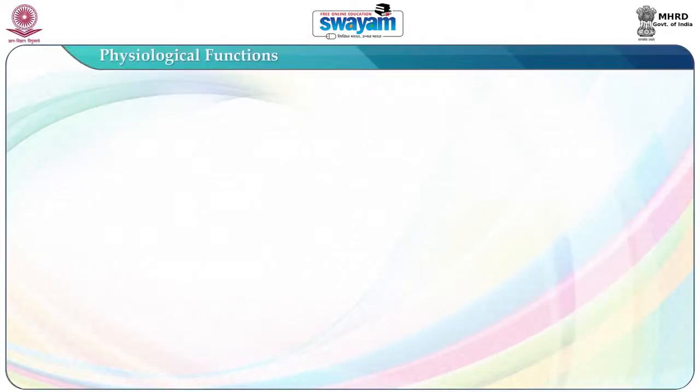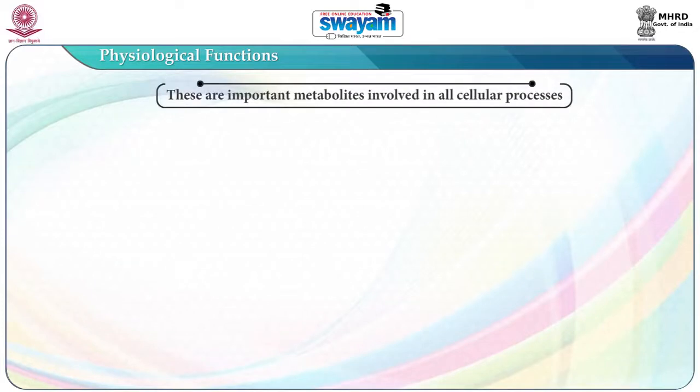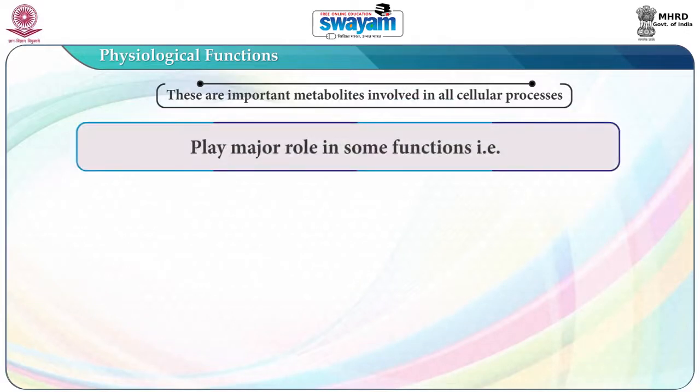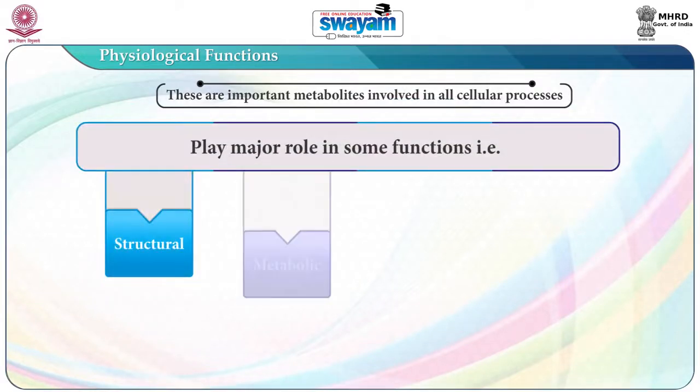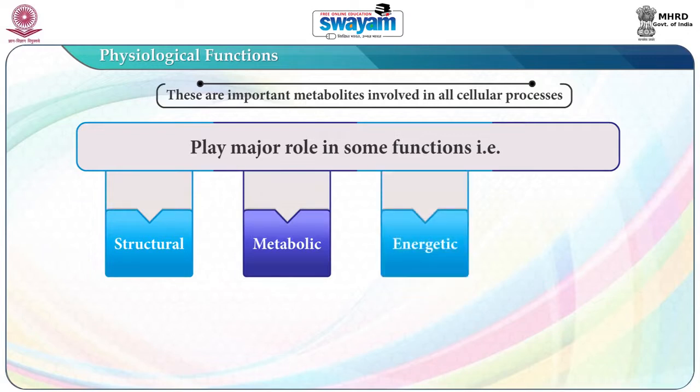The physiological functions of nucleotides will tell us the role of nucleotides in the human body. They are important metabolites and are involved in several cellular processes and play a major role in structural, metabolic, energetic and regulatory functions.